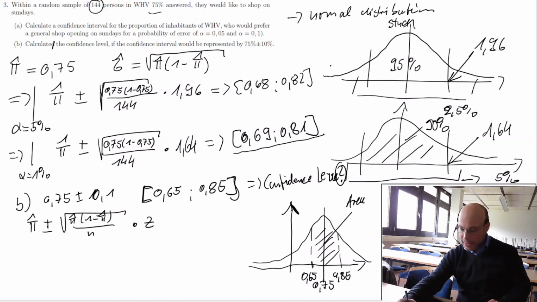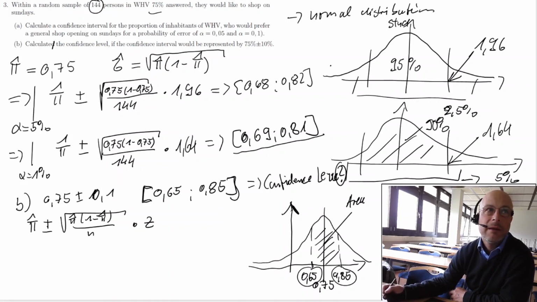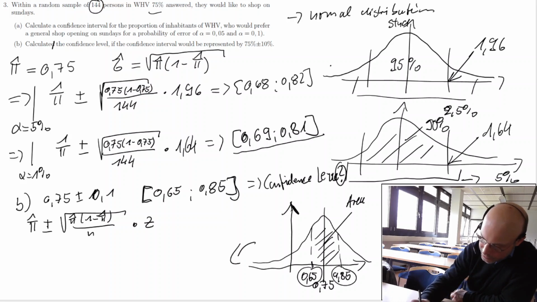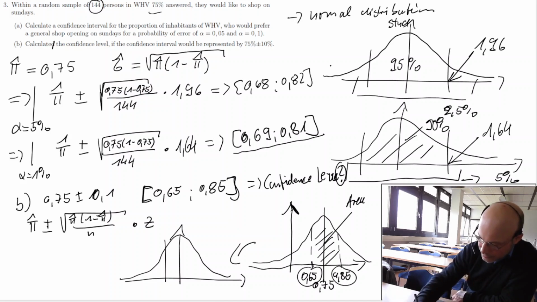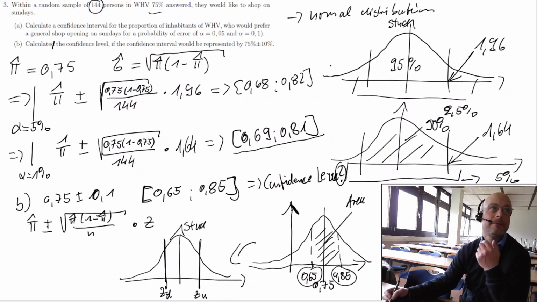And we know that we can transform these two numbers, 0.65 and 0.85, into a standard normal distribution. But in this case, Z down and Z up, these two numbers we don't know. This we have to calculate.